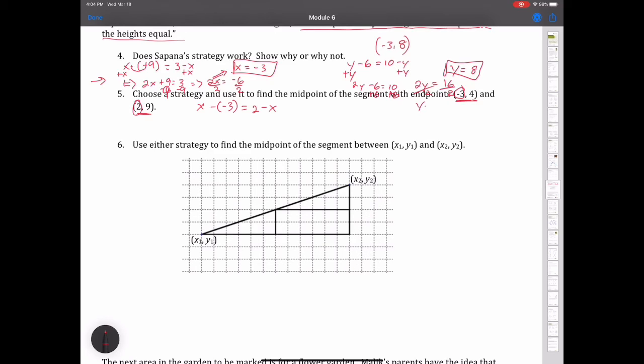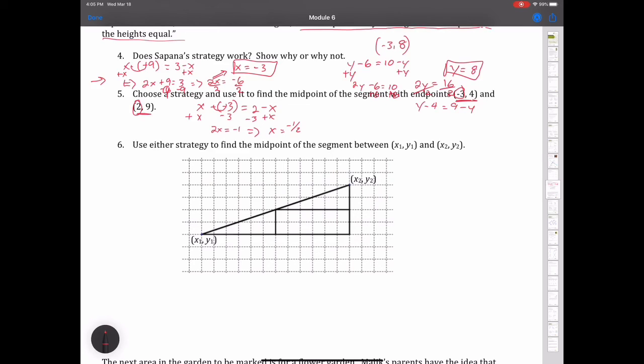I will go y minus 4 equals 9 minus y. I'll go ahead and now solve these. I'll do it a little bit more quickly. So plus x. These are positive, so I'm going to subtract 3. I get 2x equals negative 1, which means x equals negative 1/2.